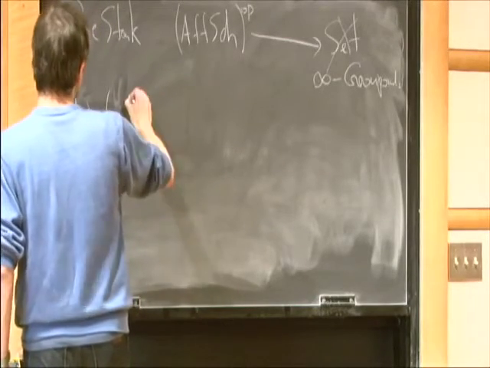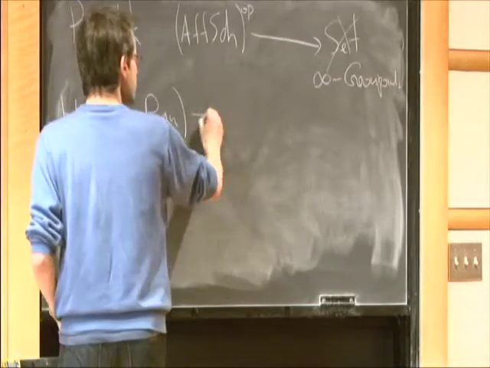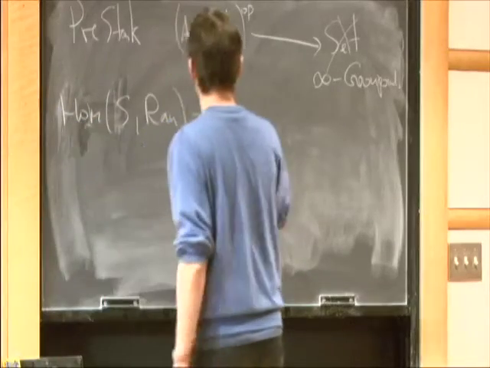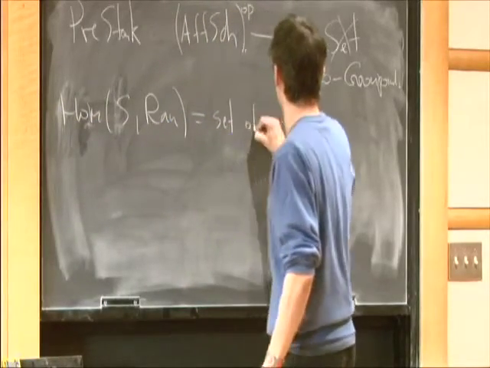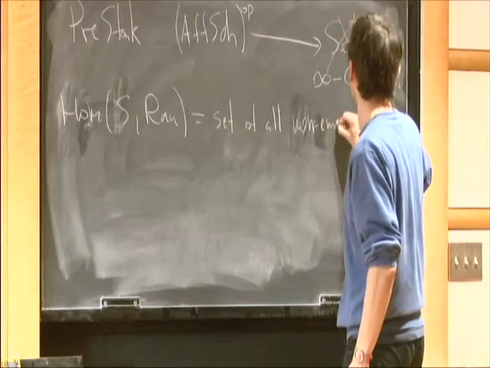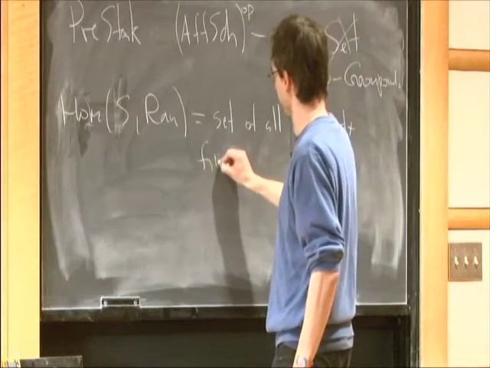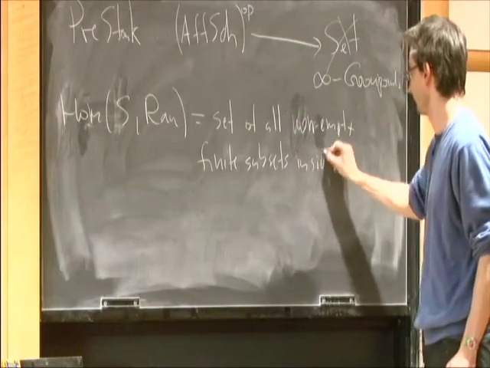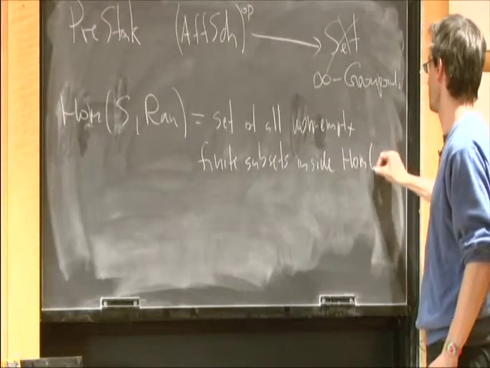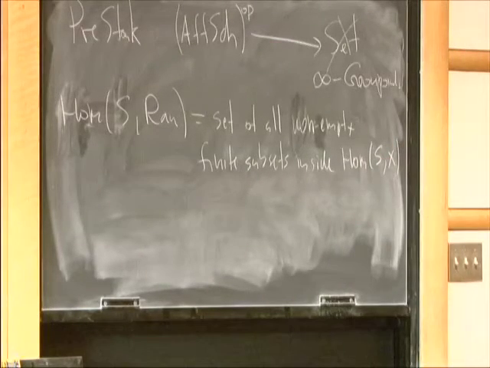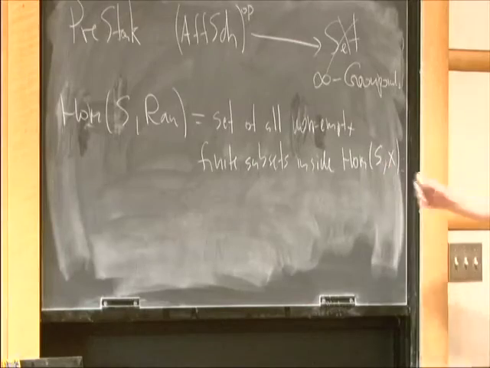Hom from S to the Ran space, which will happen to be a set, not an infinity groupoid, is the set of all non-empty finite subsets inside Hom from S to X. And this creature is very, very far from being an algebraic variety. It's not even a scheme. It's horrible from one point of view; from the other point of view, we'll be able to work with it.